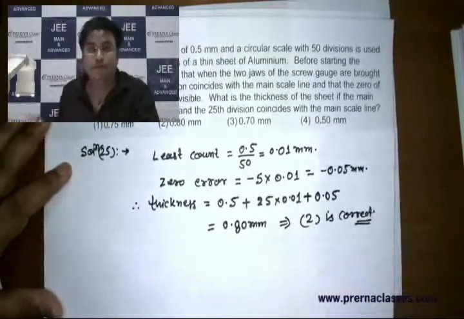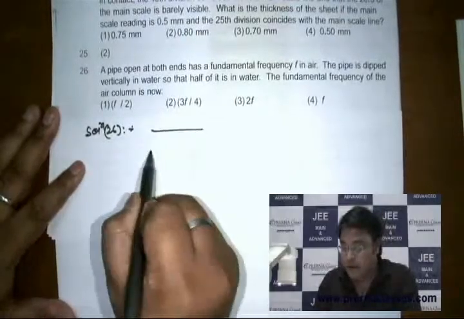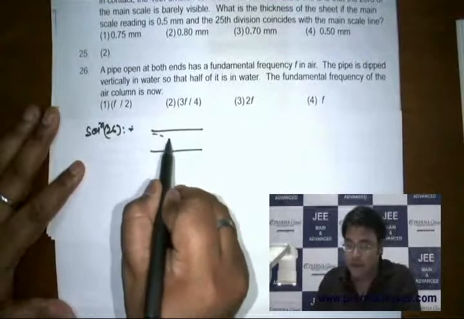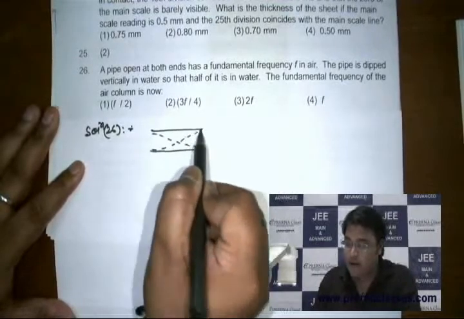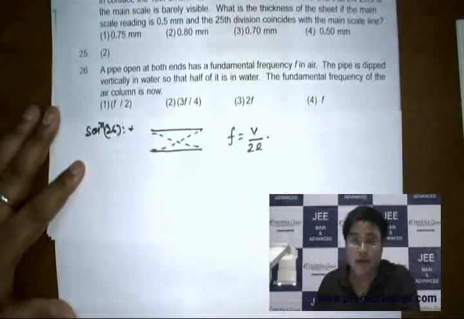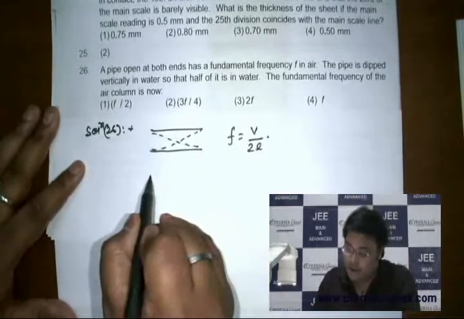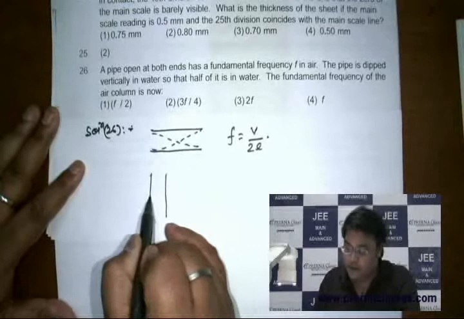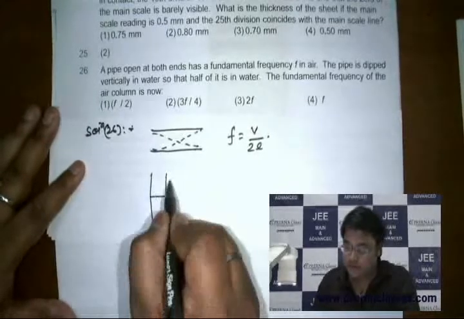Okay, next is 26. For an open organ pipe, for the fundamental frequency, we have frequency equal to v by 2L. Clear? Now if it is dipped in water, then it forms a closed organ pipe.